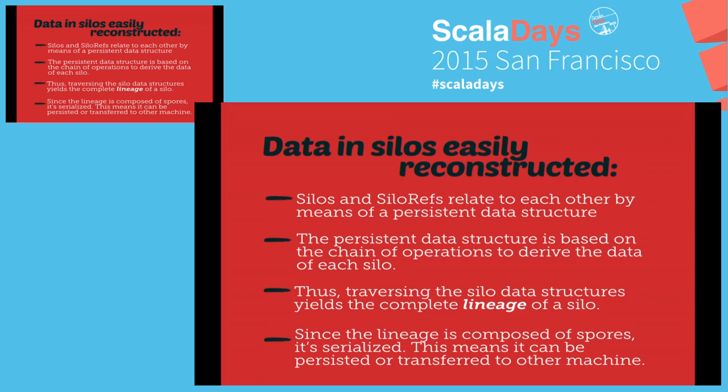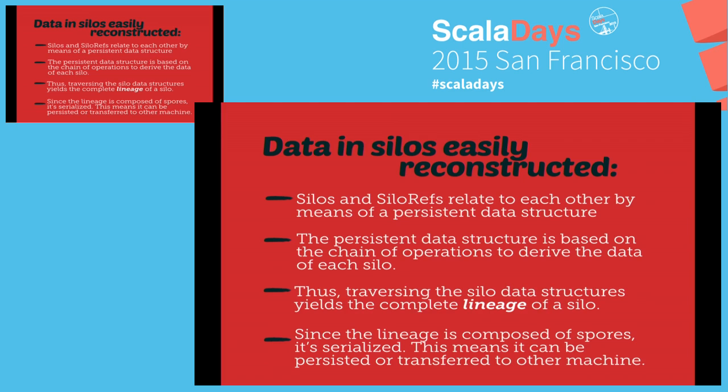So you have a graph of transformations, and if you know how to populate the root node of your graph, you can always just replay these things. The silo and the silo refs are a persistent data structure, so you can derive the data from this root node by traversing the whole thing. It's basically exactly the same as this notion of a lineage from databases, or that Spark uses. This is a really old concept in the world of databases.